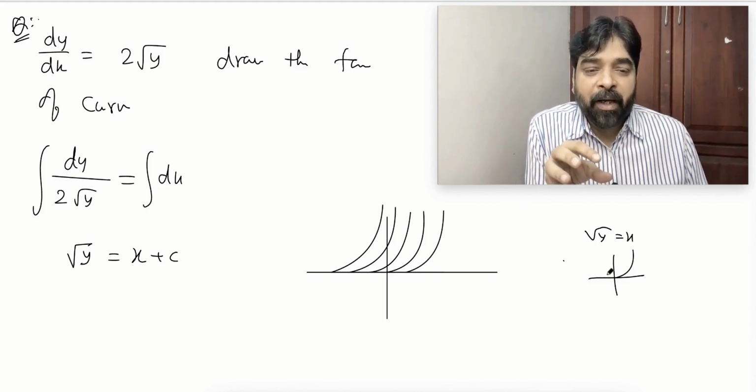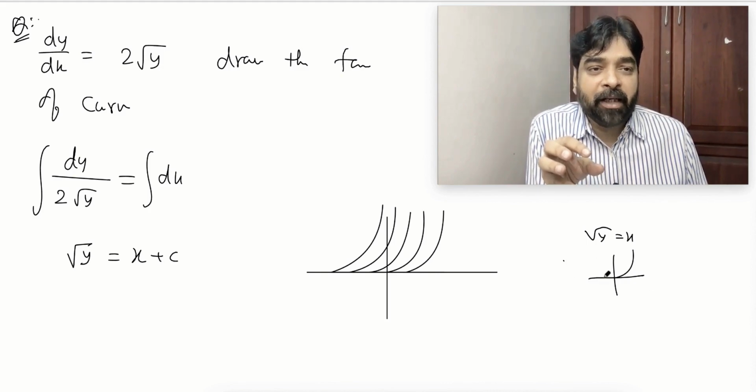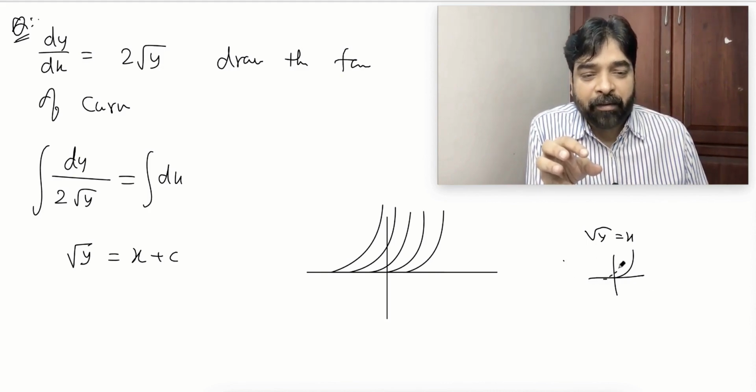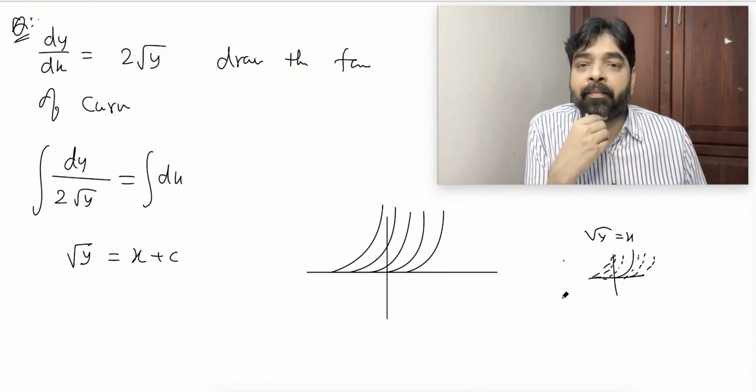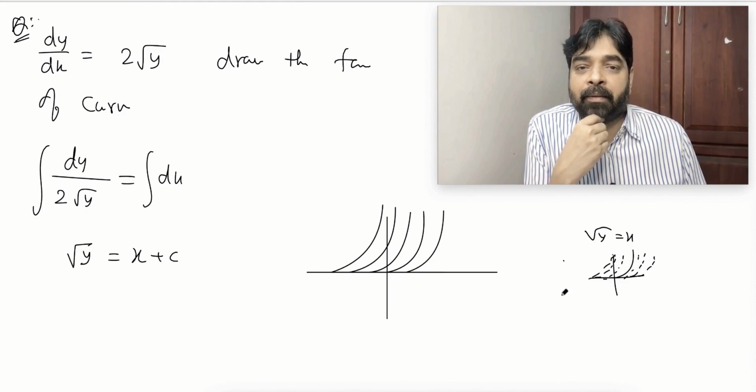So c, we are adding as a constant to x, the graph will shift horizontally along the x-axis, either left side or right side, both sides, like this. So all these are the combined family. Is it clear to everybody?